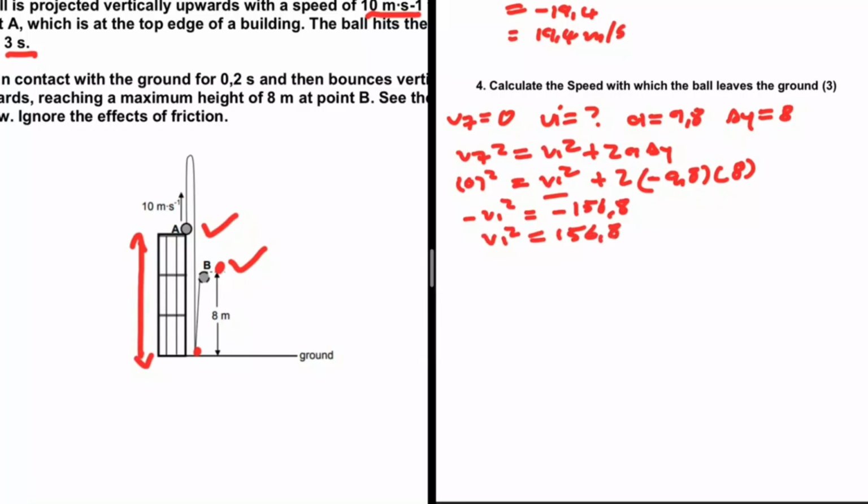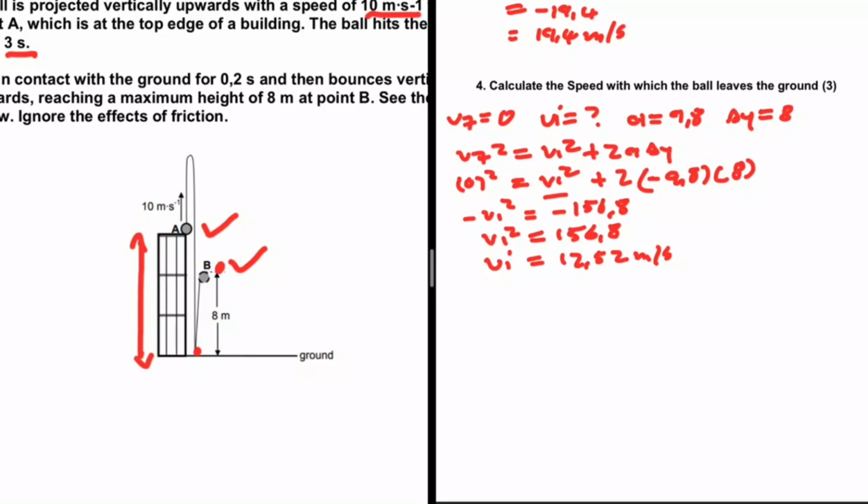Let's take square roots on both sides. We're going to have Vi equal to 12.52 meters per second upwards, right? That is the velocity as it leaves the ground. Well, the question says speed, so let's not indicate the direction. There we go. That is question 4.